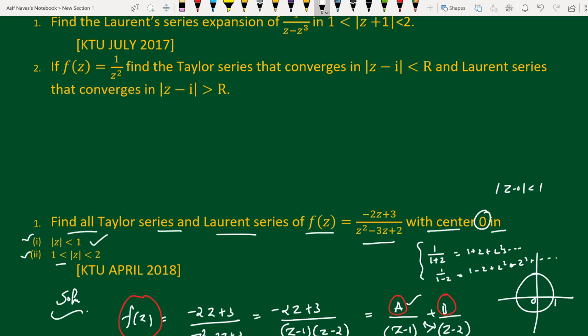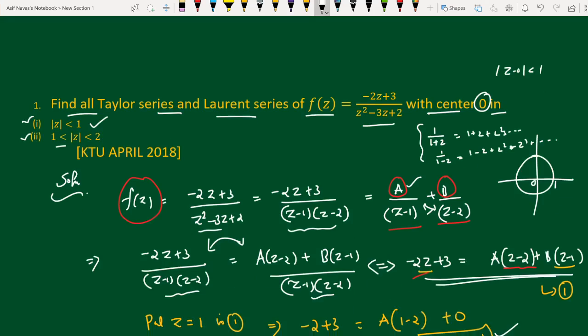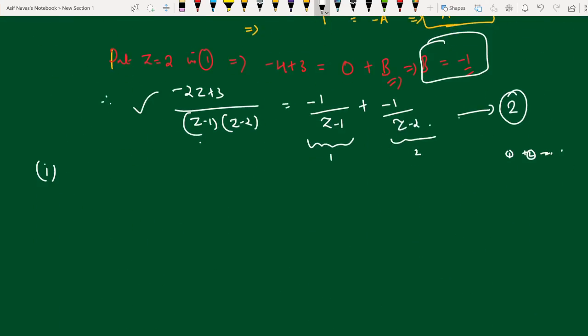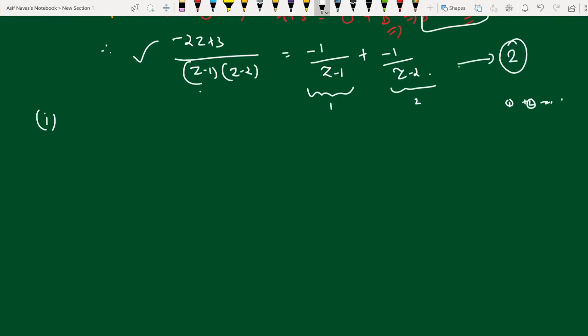So we want to find the Taylor or Laurent series in mod z less than 1. What is mod z less than 1? It's a circle with the center 0 and radius 1. That means it's a disk.